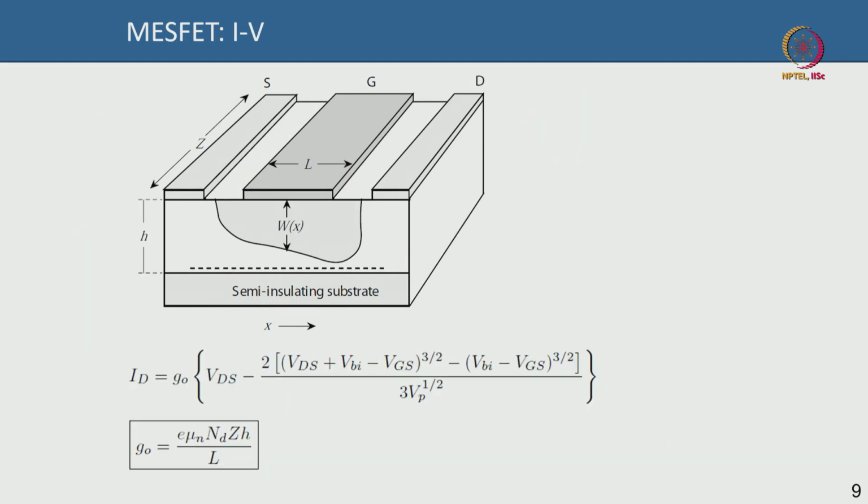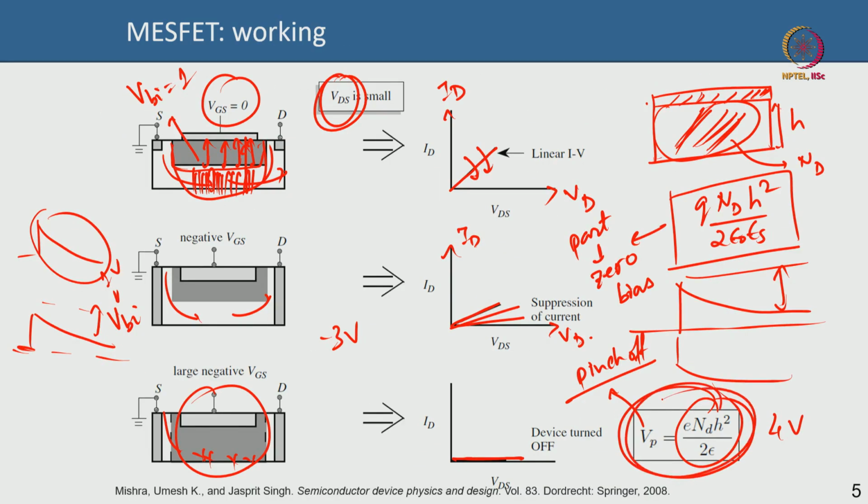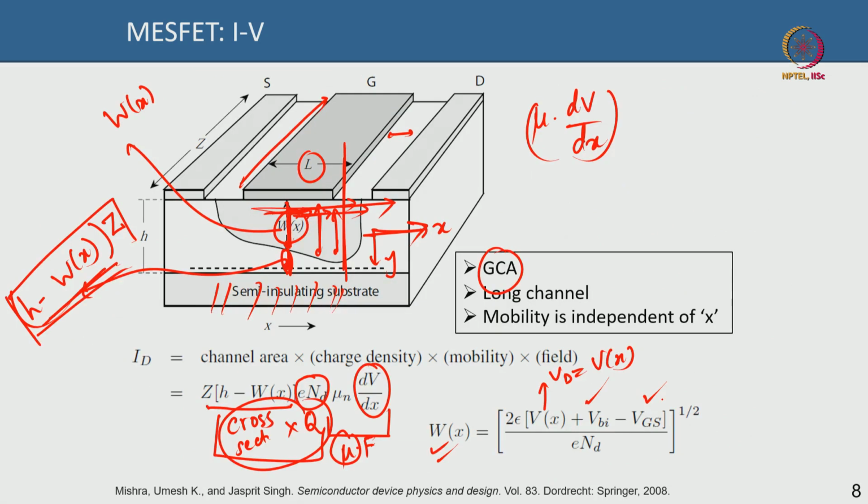If you integrate this you get this expression for the drain current. G naught is charge times mobility times doping times the channel width and H, the total channel thickness, divided by L, the gate length, times Vds minus and so on. And V pinch off, as I told you, is this quantity. So that quantity is V pinch off.